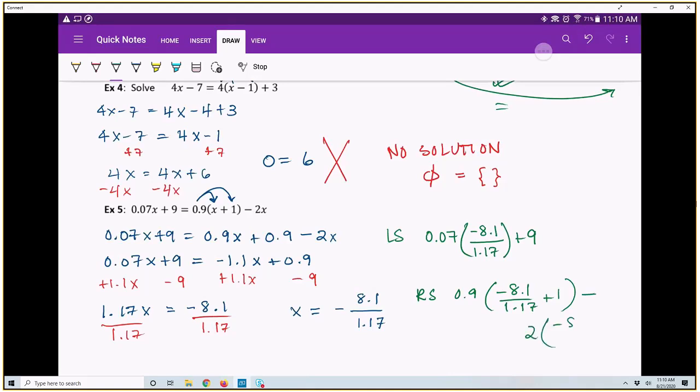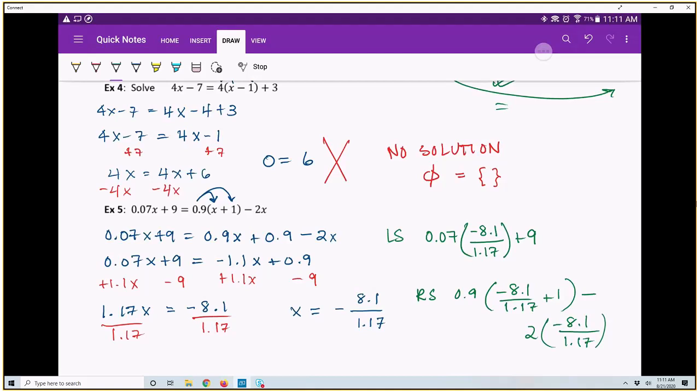We need to check if these are the same. So we can use a calculator to help us check. So I'm checking now. And they are the same.